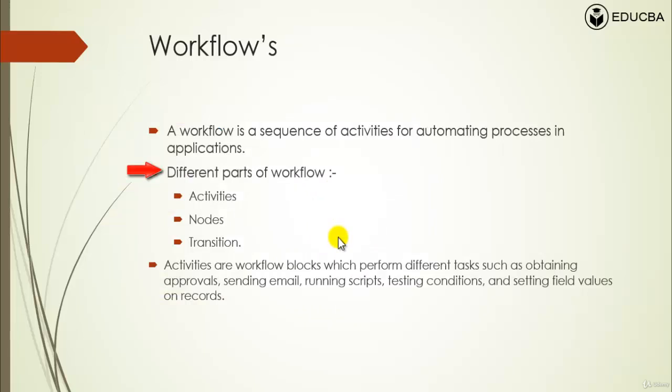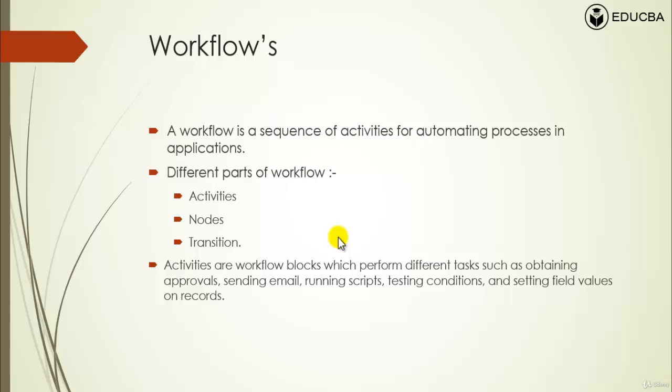Activities are workflow blocks which perform different tasks such as obtaining approvals, sending email, running scripts, testing conditions, and setting field values on records. So these are pretty much less actually. There are many other things which can be done in an activity.